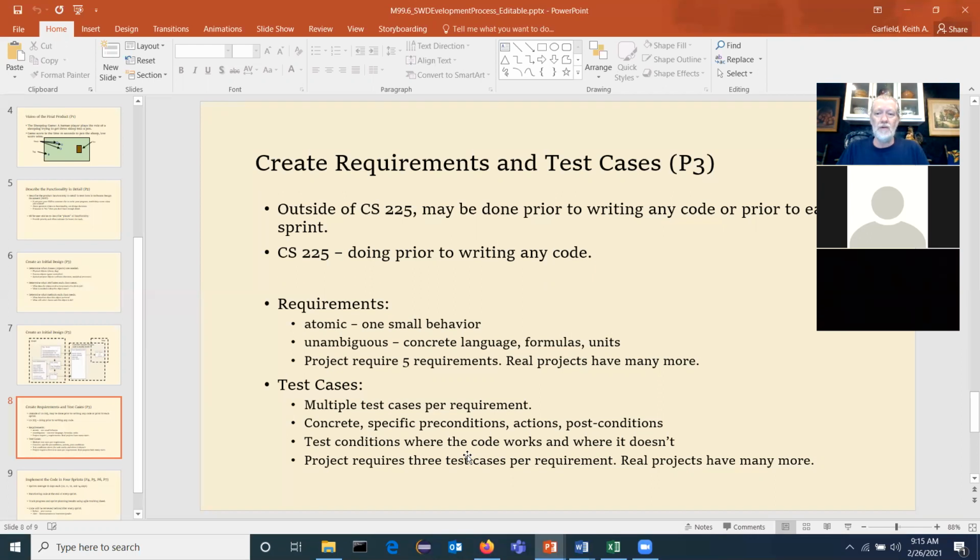So for example, say I had a requirement that sheep cannot go out of bounds. The lower left corner of the field of play is 0, 0. I'm never allowed to have a sheep with a negative X location value or a negative Y location value.